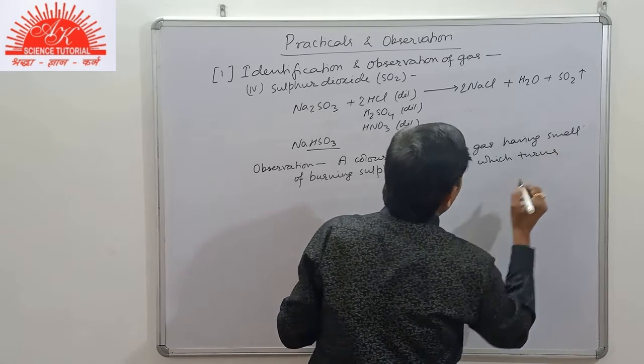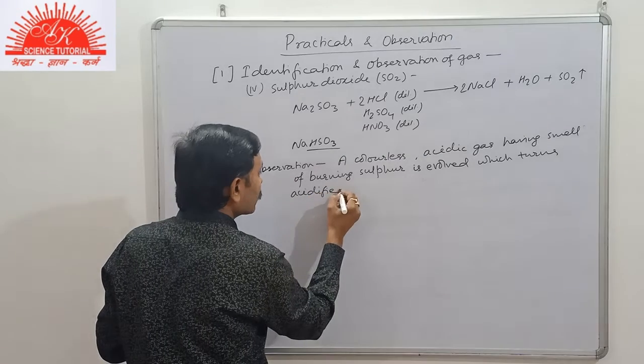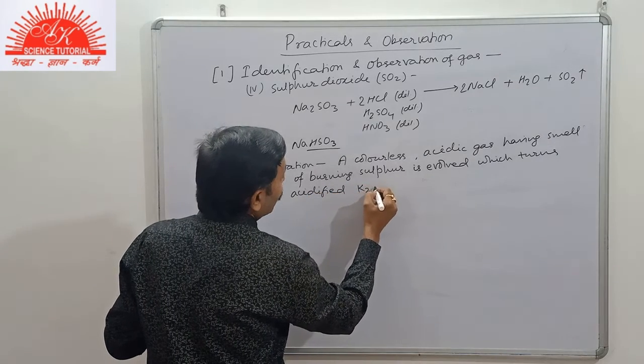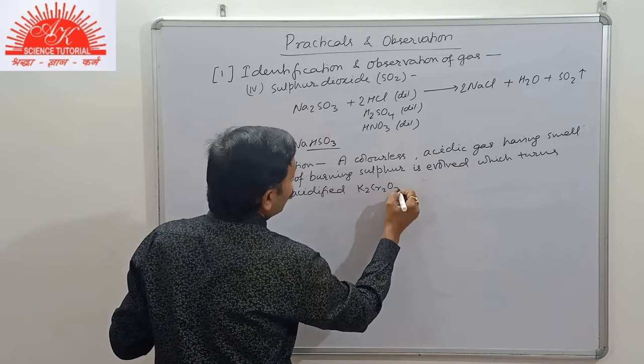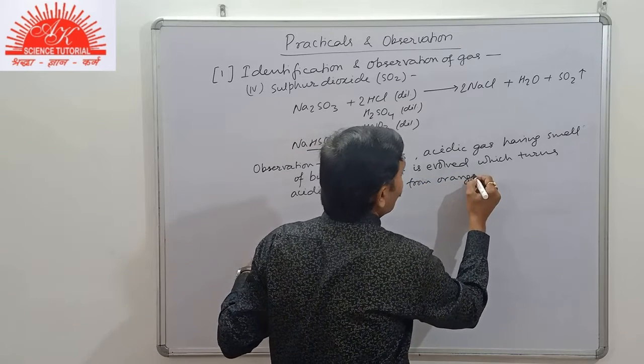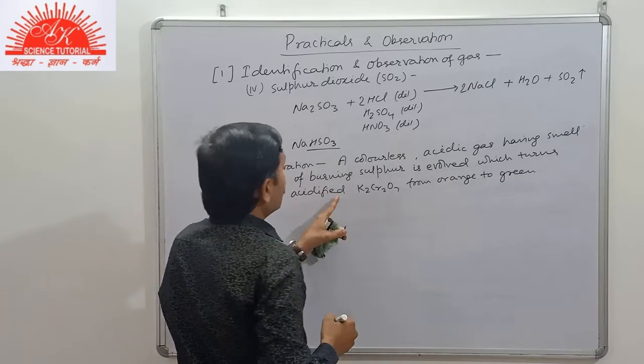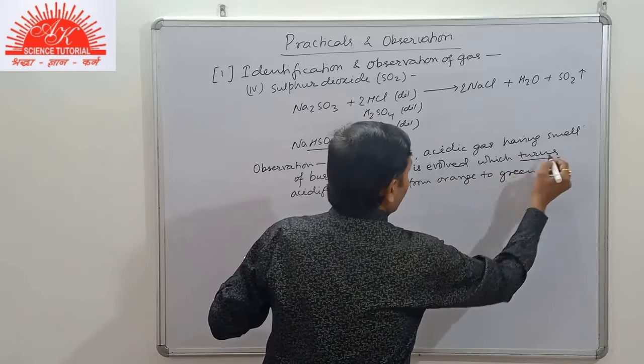which turns acidified K2Cr2O7 from orange to green. This is the first observation.